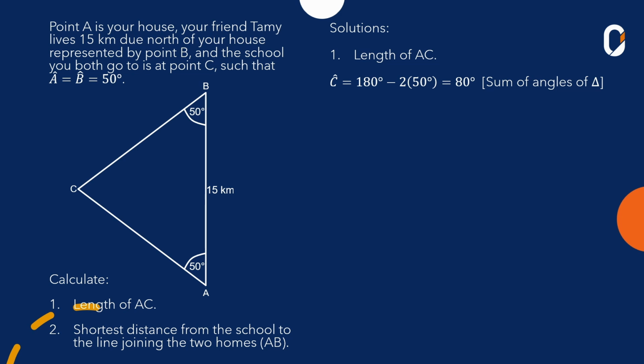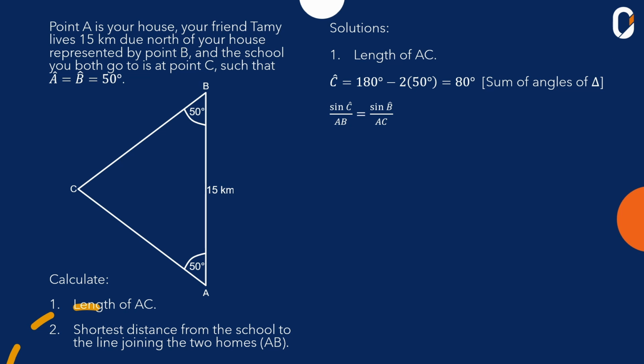My reason was sum of angles inside a triangle, and now we know the value of C is 80 degrees. Now, applying the sine rule, I'm going to say sine C over AB is equal to sine B over AC, because side AB subtends angle C, and side AC subtends angle B, and hence I've constructed my sine rule accordingly.